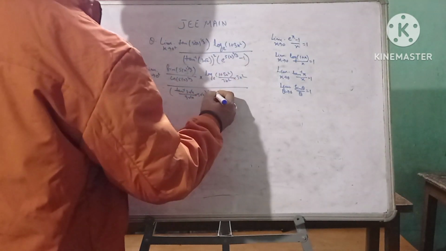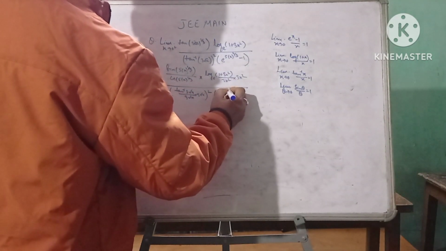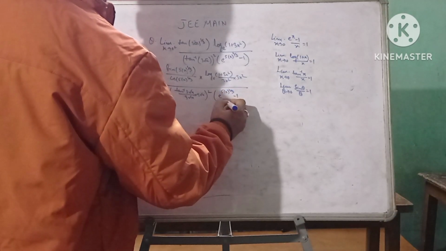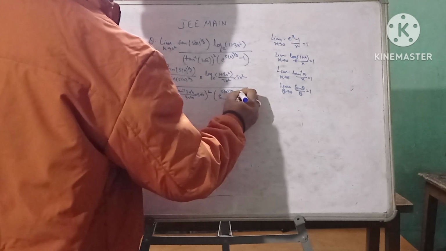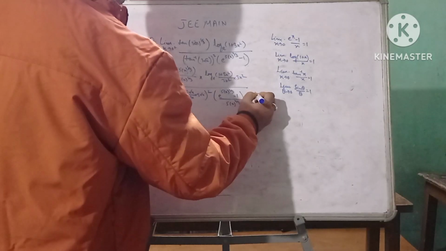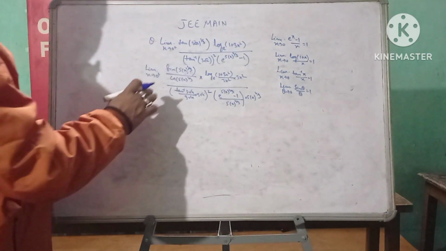And here this is e to the power of 5x to the power of 4 by 3 minus 1 by 5x to the power of 4 by 3 into 5x to the power of 4 by 3. Yes, see. Now I'm going to arrange here also.